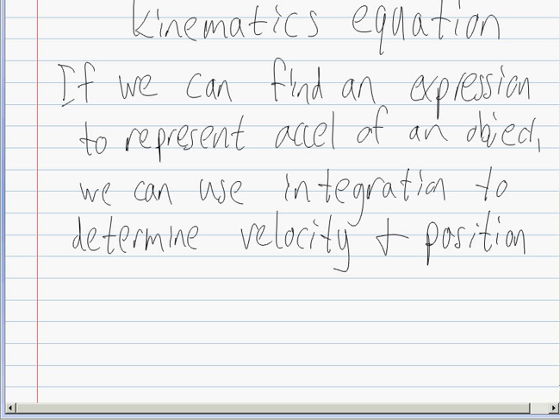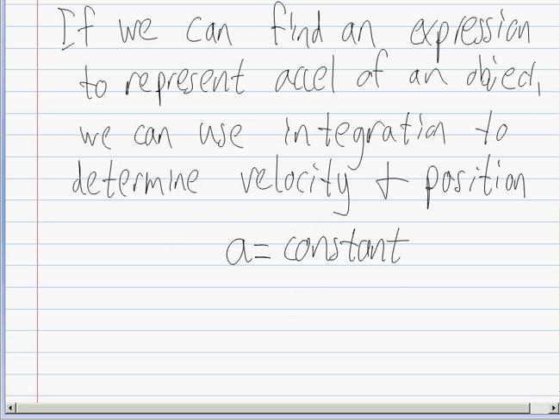In fact, all those constant acceleration equations, remember, are a result of, if we say a is constant, and we integrate that with respect to time, we would end up with v equals, if we integrate a with respect to time, we call that velocity.